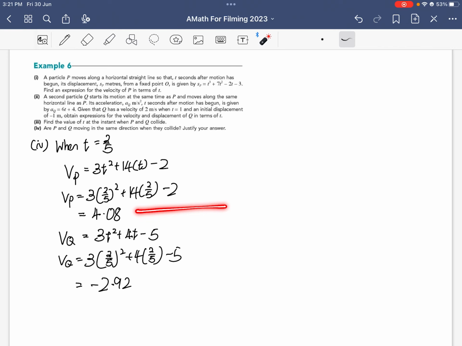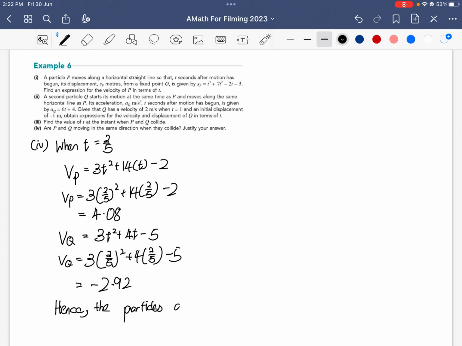Hence, P at that moment in time is moving to the right, while the negative sign for Q implies that Q is moving towards the left. So one is moving right, one is moving left, hence the particles are not moving in the same direction.